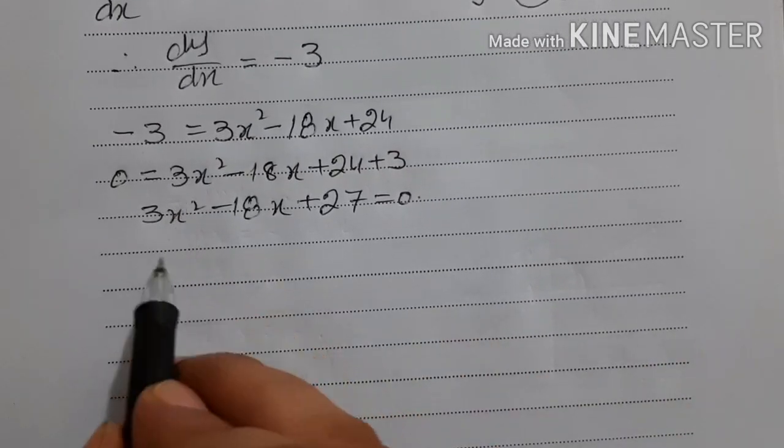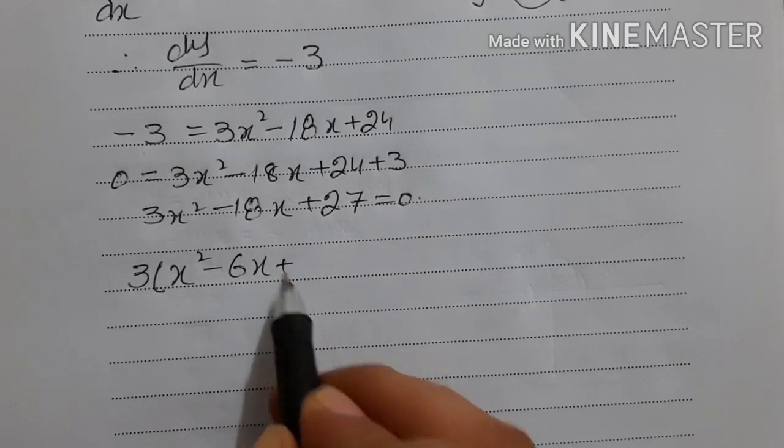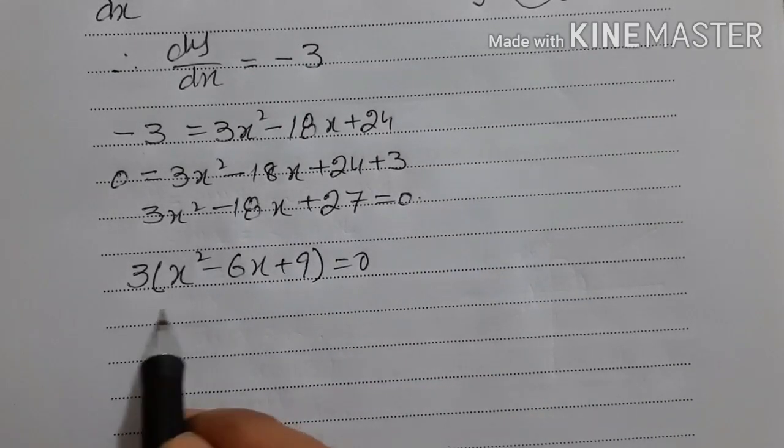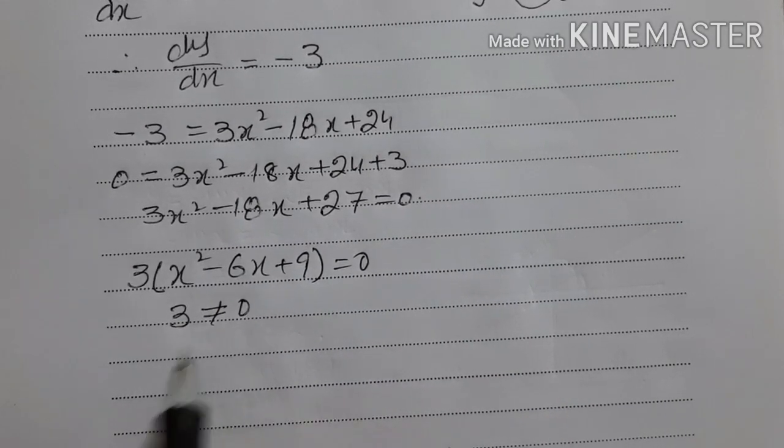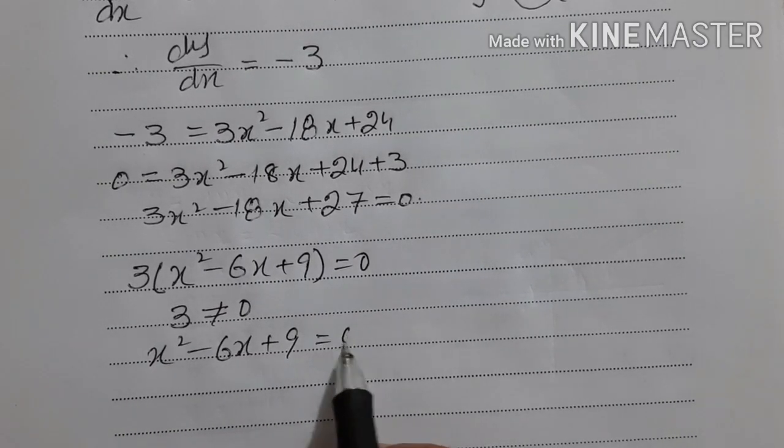So take 3 common, it will become x square minus 6x plus 9 is equal to 0. Since 3 cannot be 0, therefore x square minus 6x plus 9 should be 0.